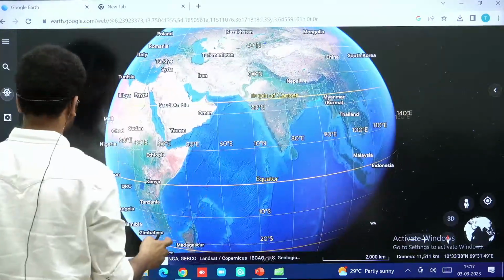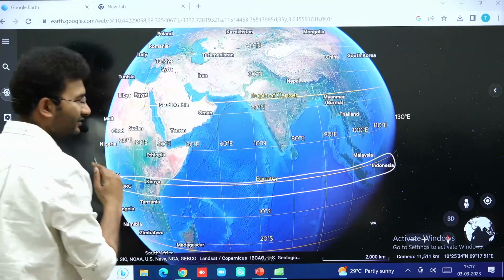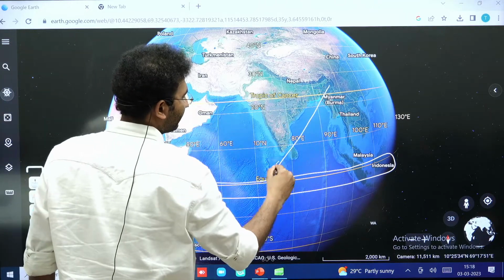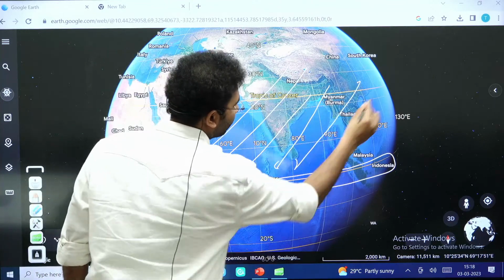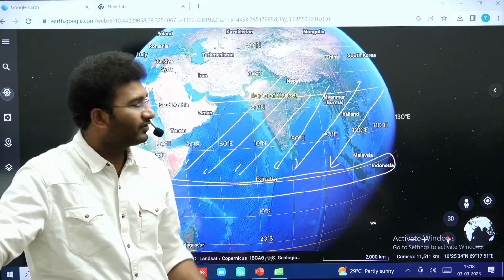Imagine if your ITCZ zone is ideally on the equator, which is generally not the case, the winds will be coming in this direction, right? Ideally, I'm telling you, ideally. But the ITCZ zone is never in this way.